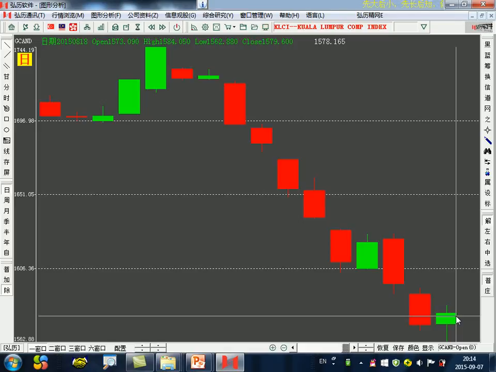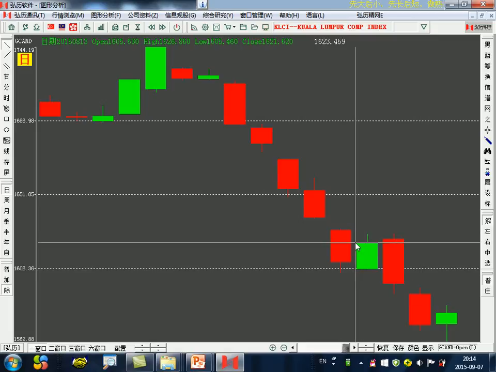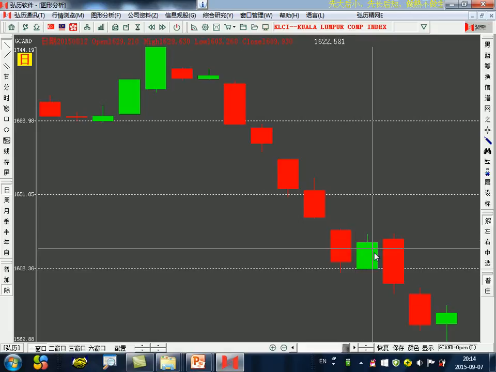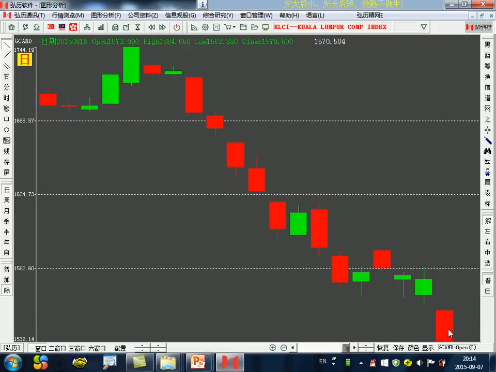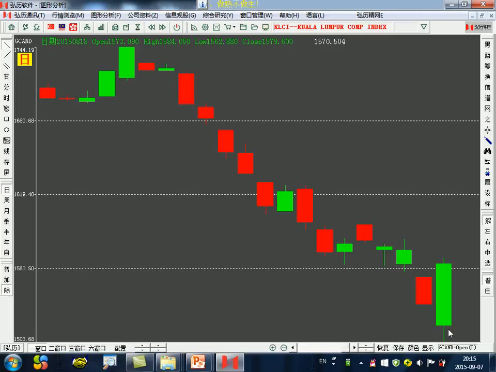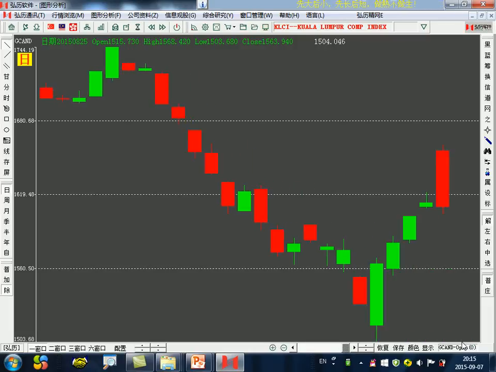Cannot. So most of the investors buy here, lose money, buy here, lose money again. So when the next time there's a chance for you to catch bottom, will they catch bottom or not? This time they cannot catch bottom, because they hurt a lot. Hurt 2 times. So the third time cannot. So this time is the truth. This time the truth.